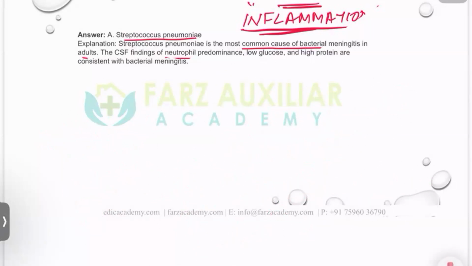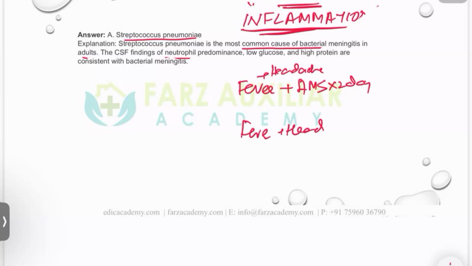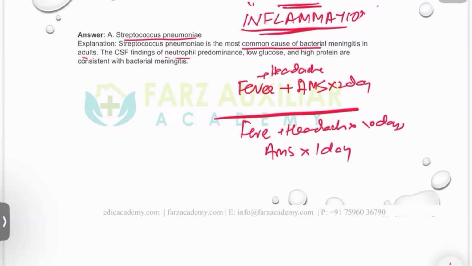Why am I saying this? Even if this patient came late to you, you have a patient with fever plus headache and altered mental status for 2 days. Another patient has fever plus headache for 10 days, and altered mental status for 1 day. What is the difference between these two?